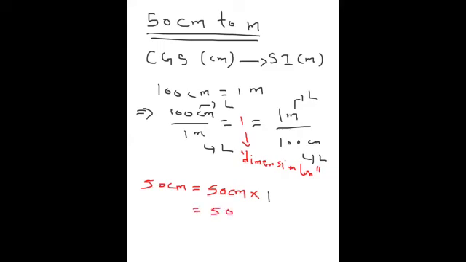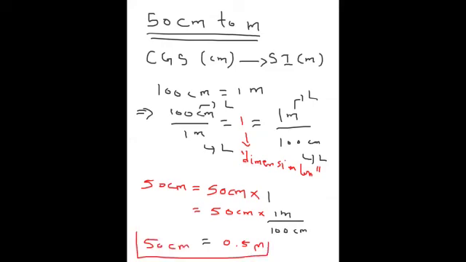So we write 50 centimeters equal to 50 centimeter into 1, and we substitute the value of 1 here, 1 meter by 100 centimeter. So 50 centimeter into 1 meter by 100 centimeter is equal to 0.5 meter.